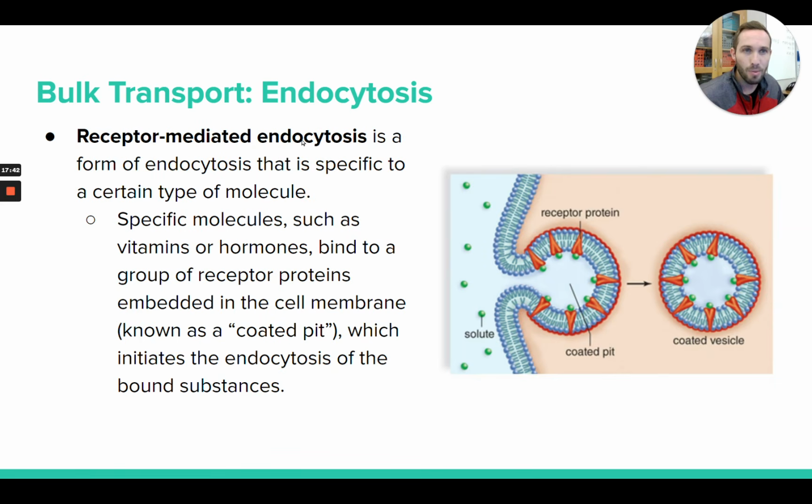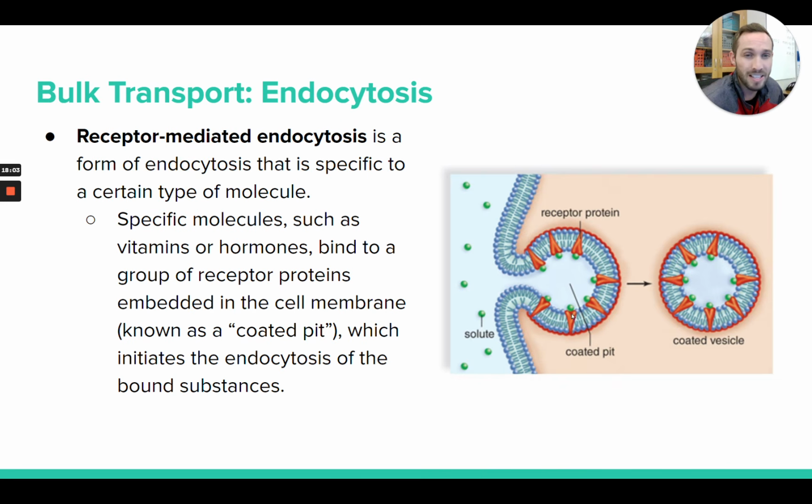And then the last type that I put on here is something called receptor-mediated endocytosis. This is a more specific version of endocytosis where there's proteins on the cell membrane that are waiting to bind to a very specific molecule out here that's binding to this specific receptor.